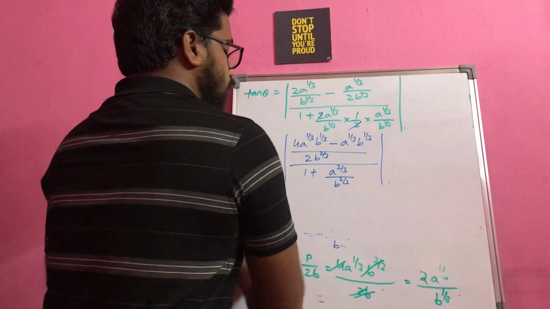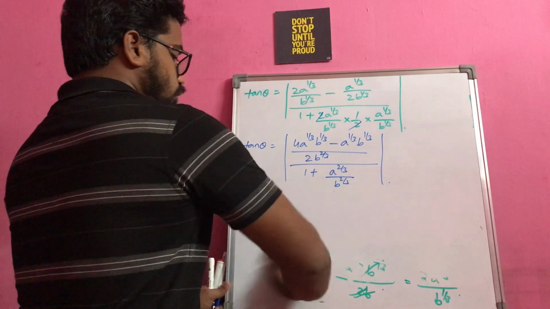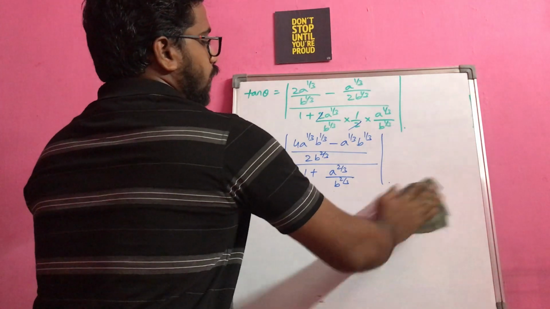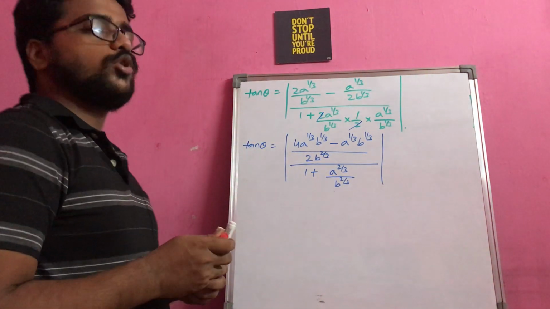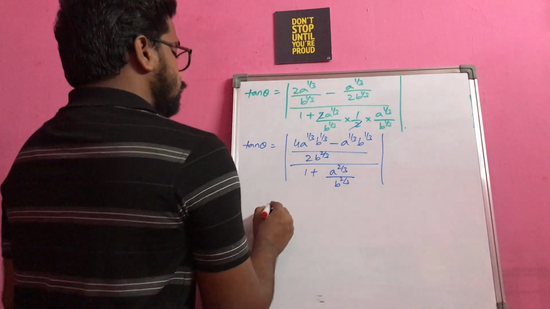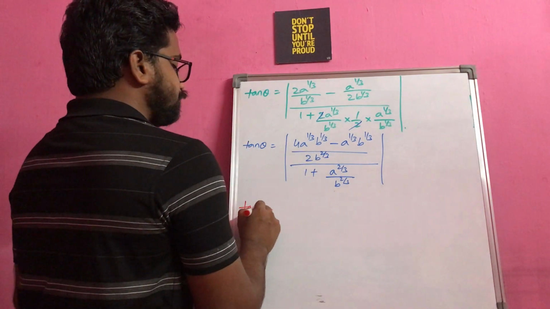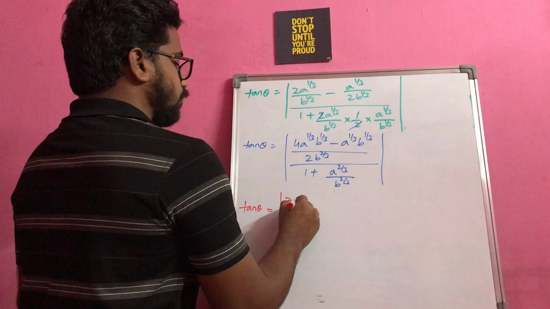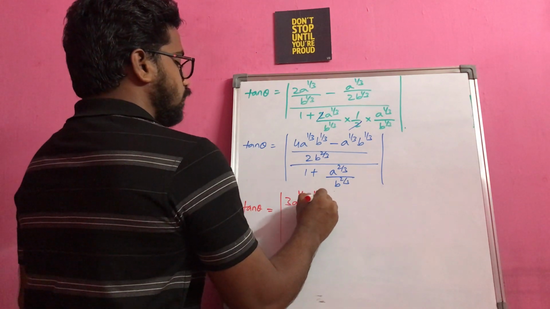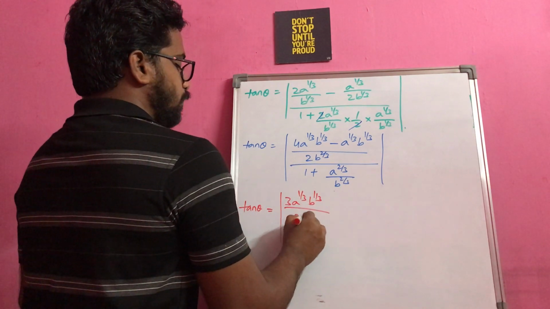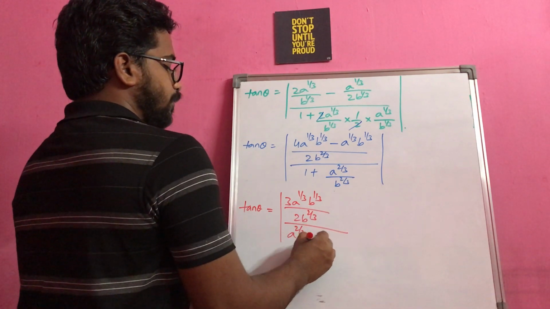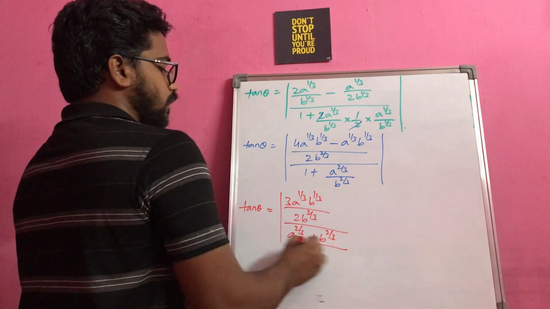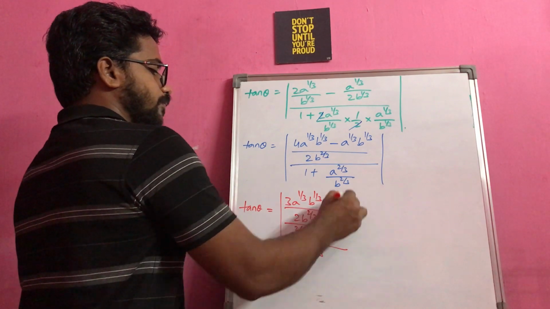So if you just observe here, in both numerator and denominator you are having a power 1 by 3 and b power 1 by 3. You are having some scope of simplification here. So the numerator part will become 3a power 1 by 3 b power 1 by 3 by 2b power 2 by 3 divided by, if I take the LCM here, a power 2 by 3 plus b power 2 by 3 by b power 2 by 3 will come. Right?